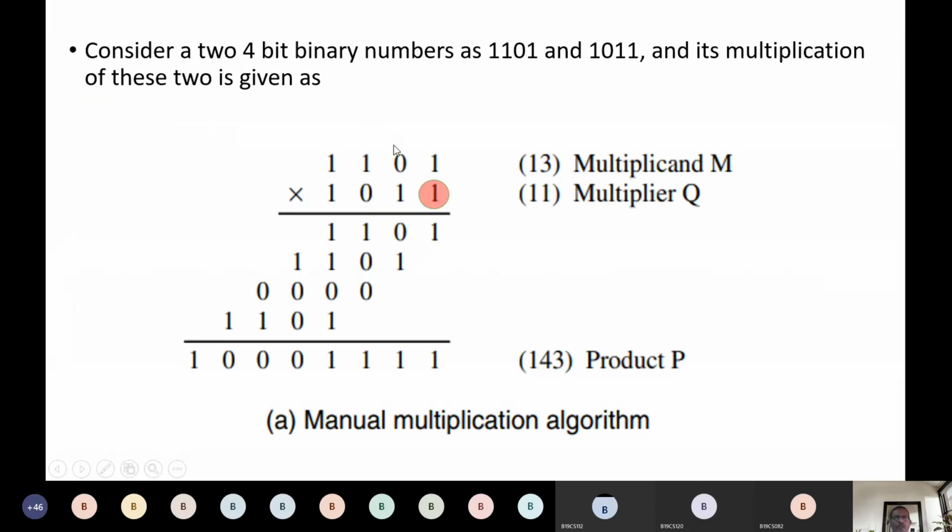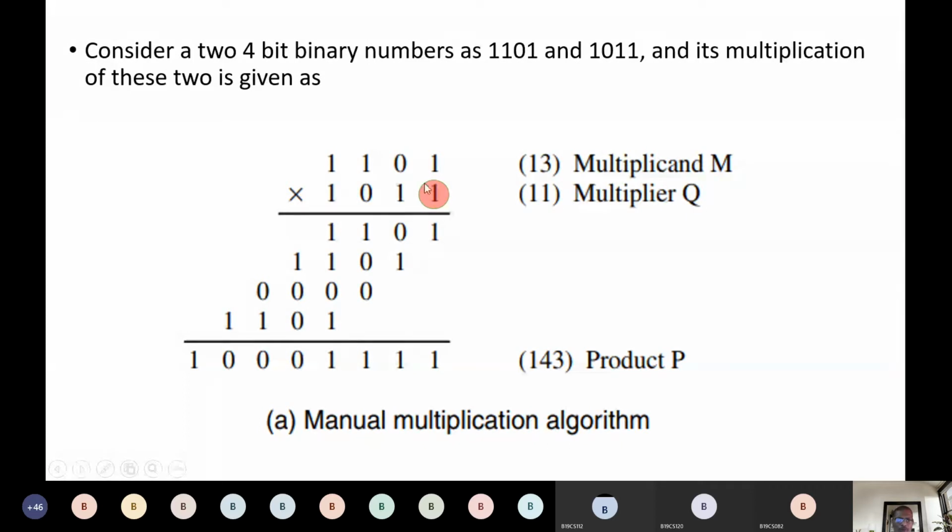Here you can see 13 represented in 4 bits is 1101, and 11 is 1011. 13 is the multiplicand, represented as M, so this will be M0, M1, M2, M3, and 11 is the multiplier Q, so this will be Q0, Q1, Q2, Q3.